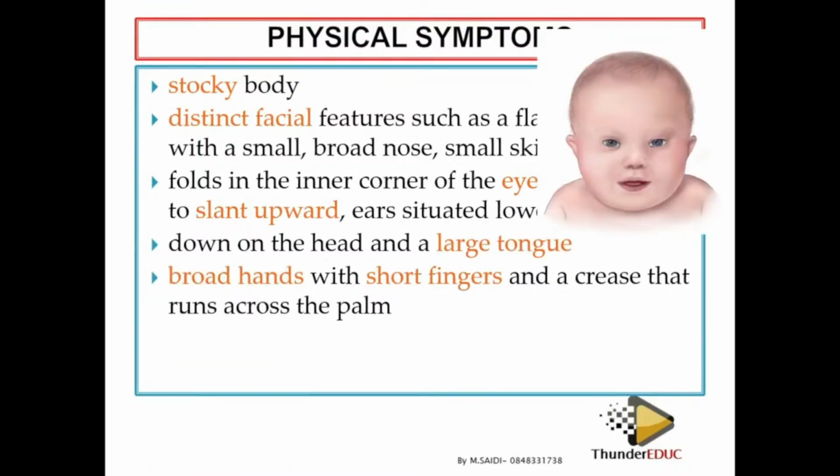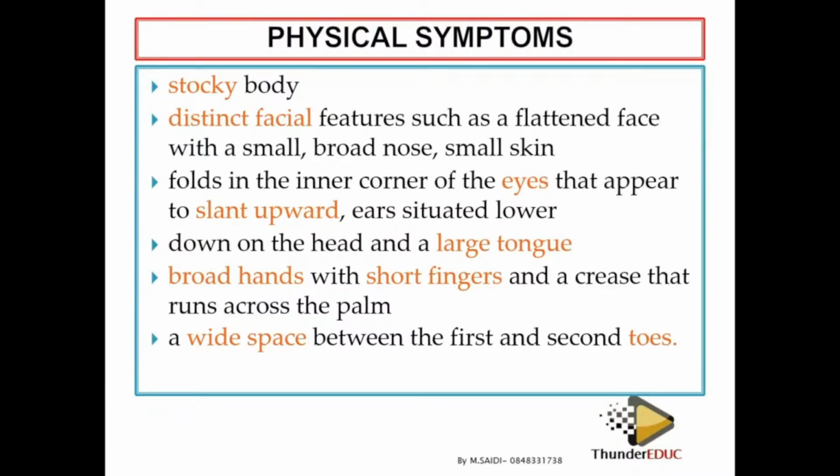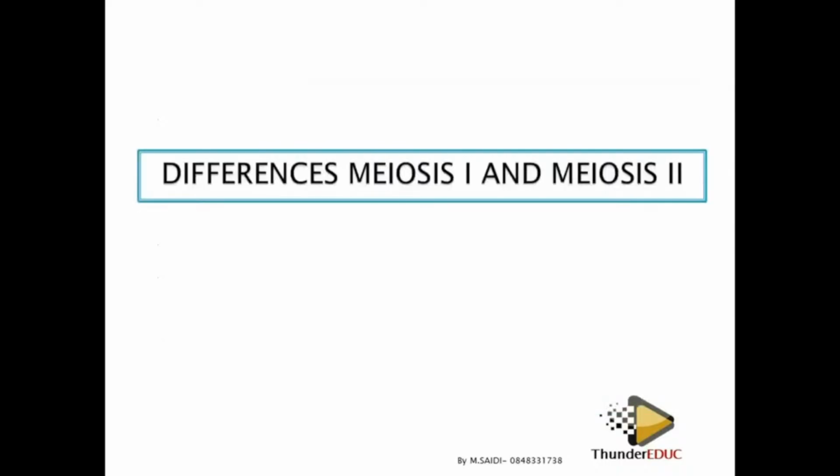Actually the fingers are big and short, they are broad. And then a wide space between the first and the second toe. You may not see it on this kid because of the shoes, but if you get a chance for this kid to remove the shoes, you can see exactly what is happening.